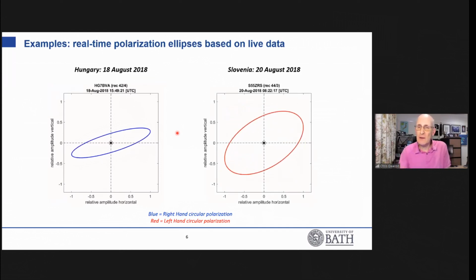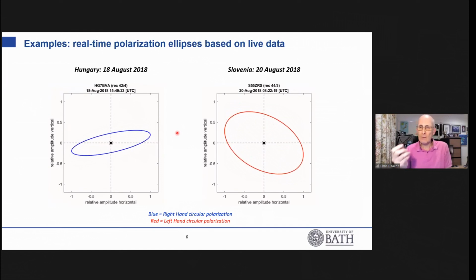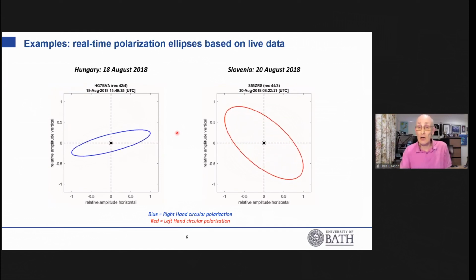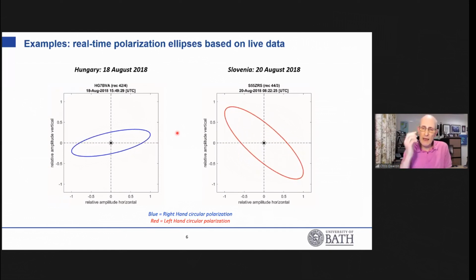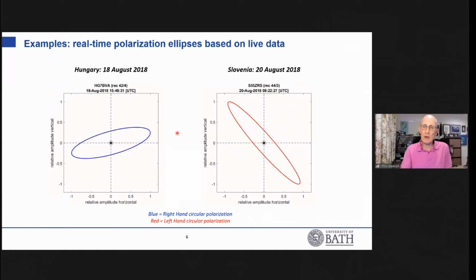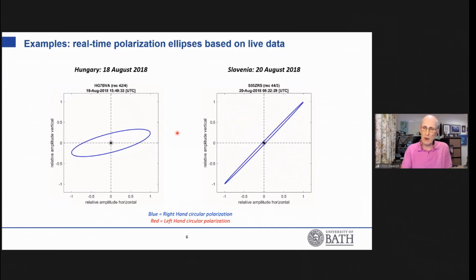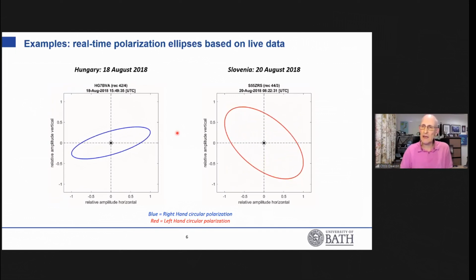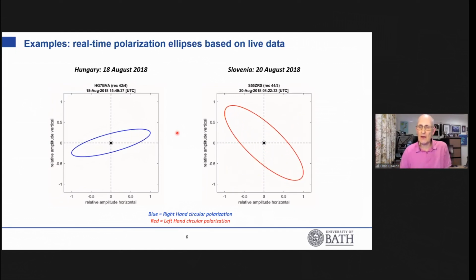Whereas the Slovenian beacon, similar strength, in fact, actually stronger signals from Slovenia. And I picked one here that is actually showing some disturbances as well. So you can see the polarization rotation that happens, but it's consistently left-hand.